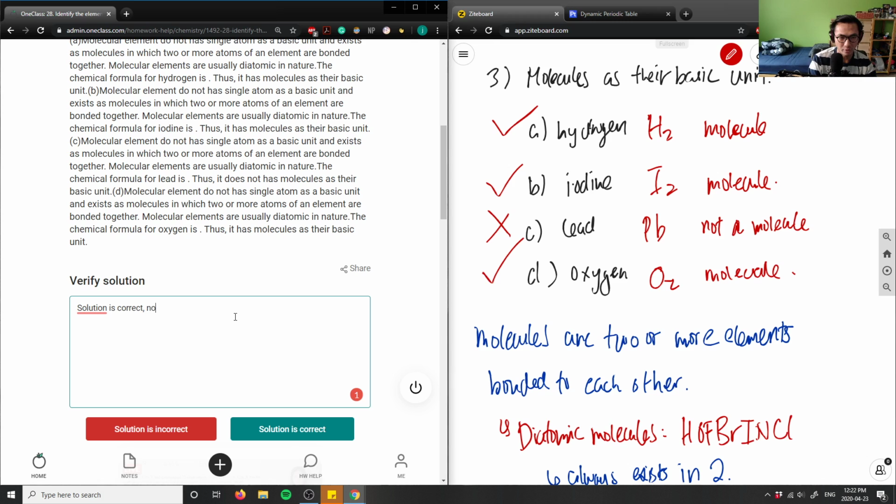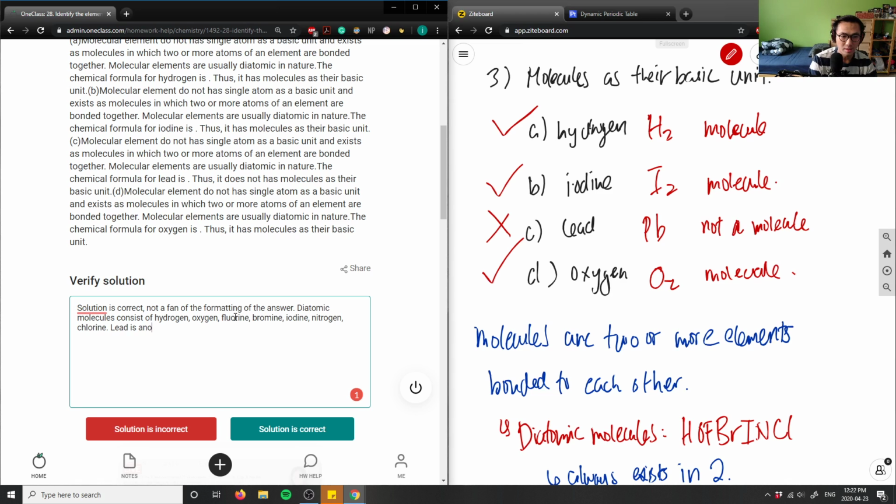I'm not a fan of the formatting of the answer, but remember, diatomic molecules consist of hydrogen, oxygen, fluorine, bromine, iodine, nitrogen, and chlorine.